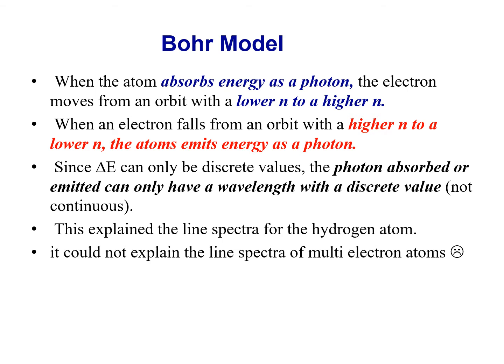The bad news for the Bohr model was it could not explain the line spectra of multi-electron atoms. We're not going to be able to go into that very deeply, but just a couple of the flaws related to the fact that Bohr's model was still based in laws of classical physics that did not hold up entirely, and also his model did not take into account the fact that electrons repel one another.